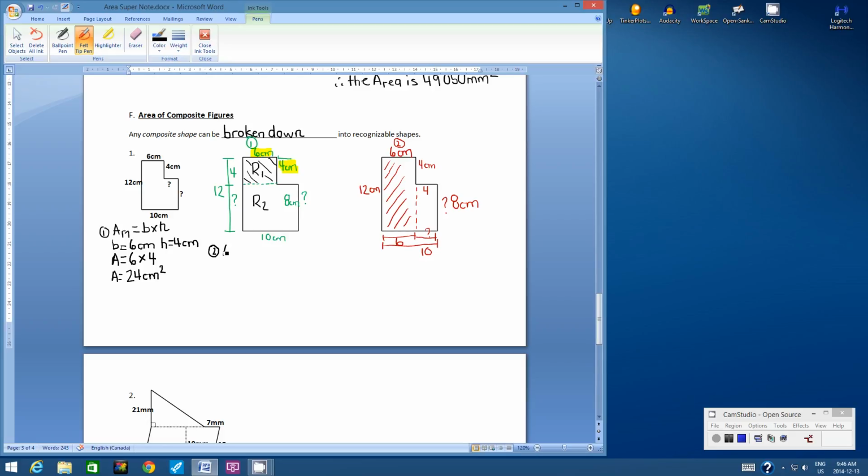Let's start with our formula: area of rectangle 2 equals base times height. Let's look at our two measurements. The base is 10 centimeters. The height is 8 centimeters.